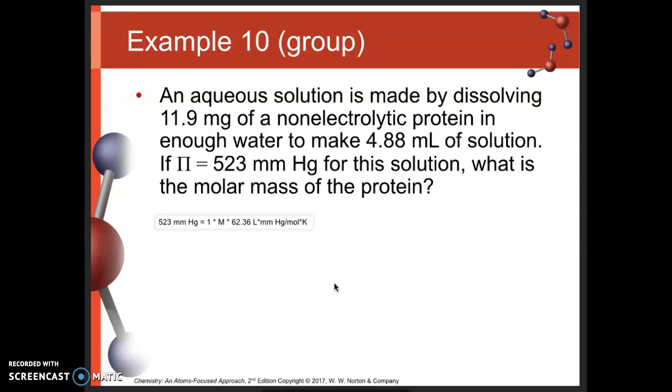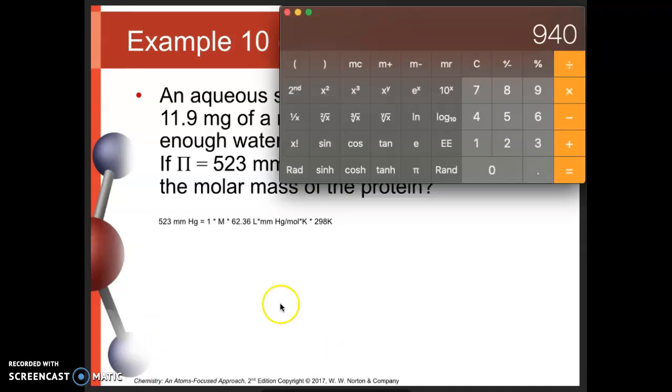We're not told the temperature here, so we'll just assume that is 25 degrees Celsius, which is 298 Kelvin. All right, so let's do some of the calculations here. 62.36 times 298 times 1 gives me 18,583.28. So that's this side of the equation.